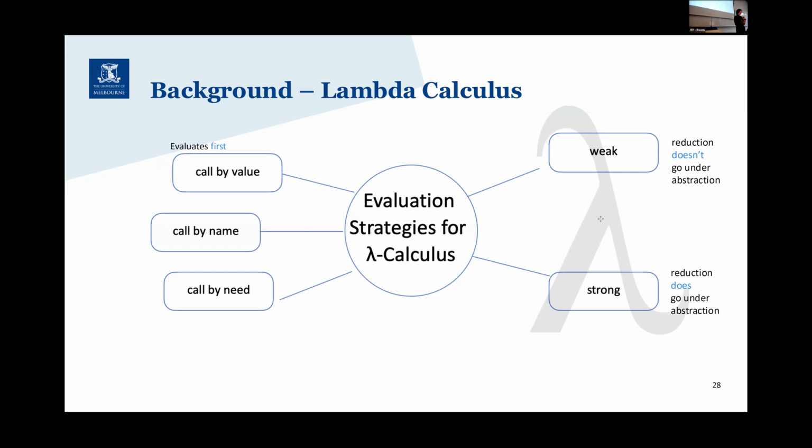Then we also have call by name, where it copies the whole function argument straight away into the function body without evaluating first, so the evaluation is postponed. And then we also have call by need. It evaluates terms when needed, and it's similar to call by name, but it has memoization for variable sharing.